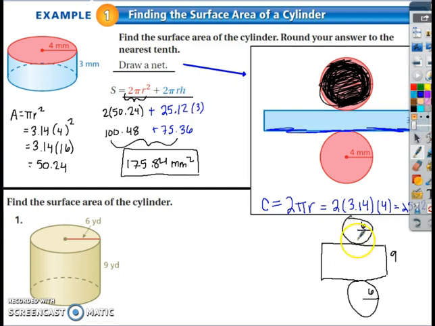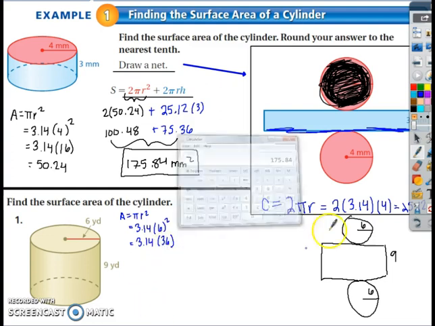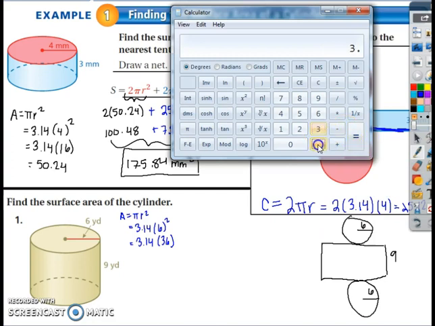First thing I'm going to do is find the area of the two circular bases. One circular base has an area of pi r squared, which is 3.14 times 6 squared. Making sure we do exponents first, that's 3.14 times 36. Punching that into a calculator, I see that 3.14 times 36 is 113.04.